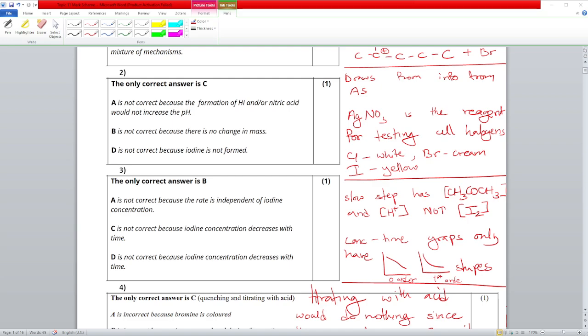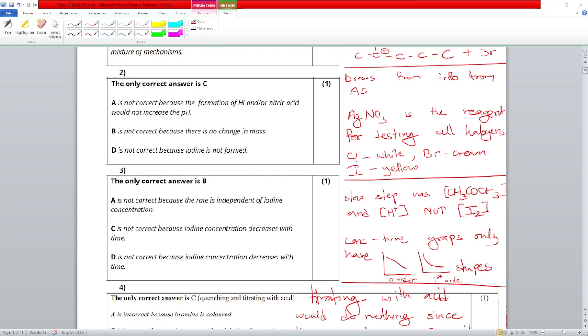If you're tracking the concentration of iodine over time, it'll either be going downwards in a straight line or it'll be going downwards in a curve. Those are the only two ways that the concentration of iodine could possibly change in a reaction. It's always decreasing because a reaction is happening.